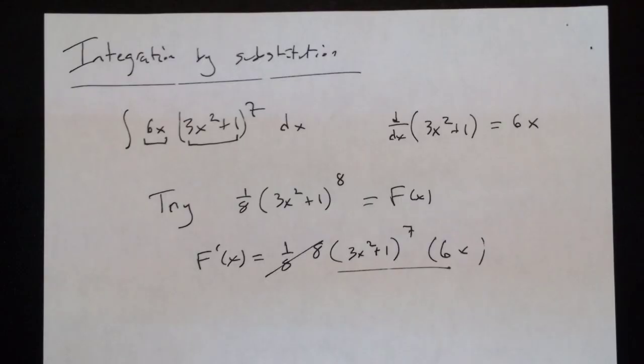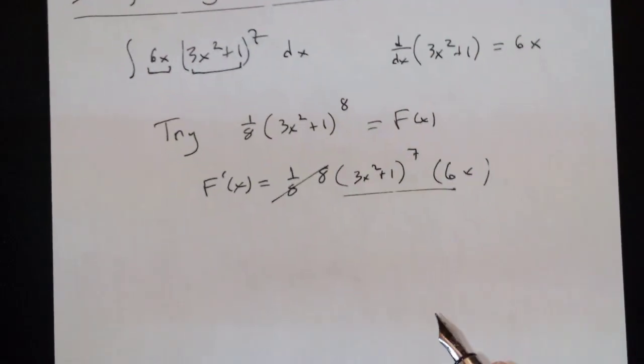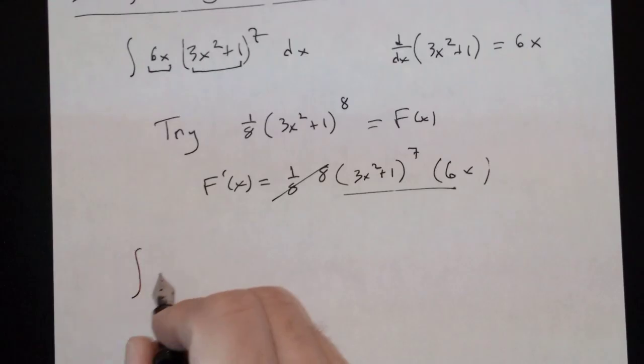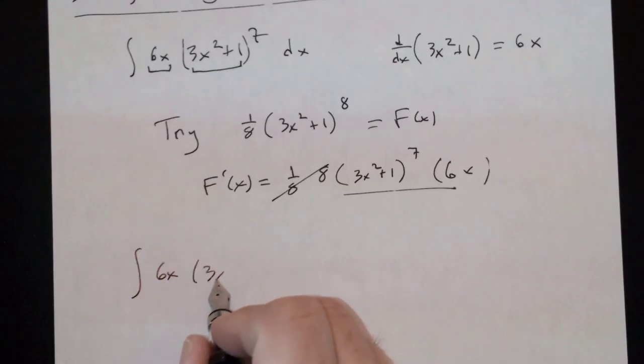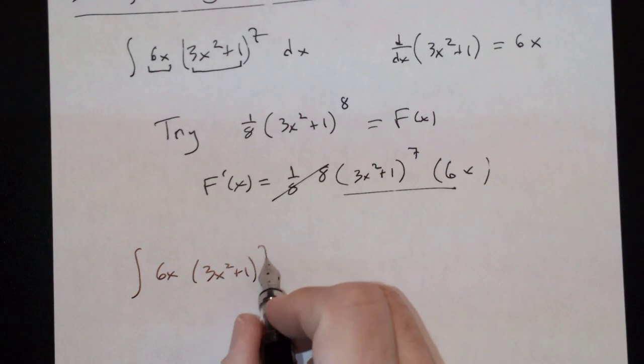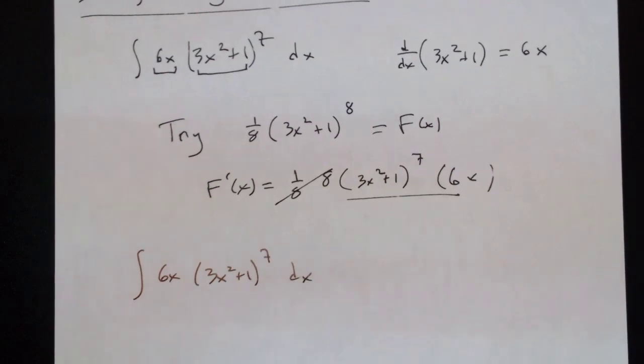Let's formalize this a little bit. I don't want to just guess my antiderivative. I want to have a method for recognizing it. And I go back to the labels we used when we did the chain rule.